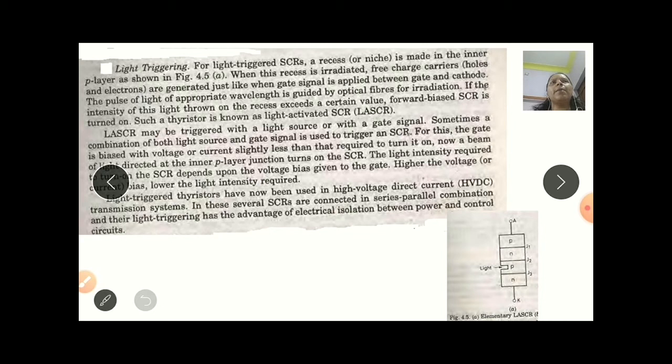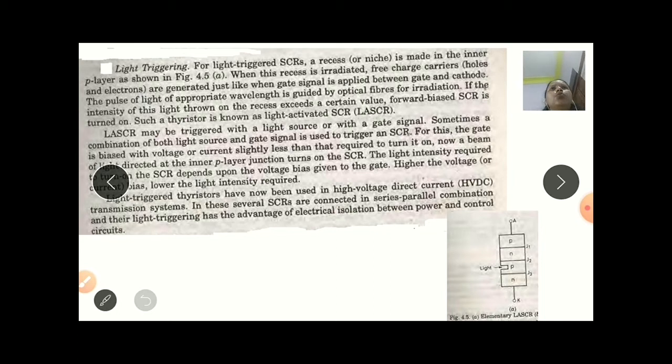Once we apply IG, the avalanche breakdown at junction J2 occurs at a much lower value than VBO. So thyristor turn-on depends on the magnitude of the gate current. In the light triggering method, if we make a recess or niche in the inner P layer near the gate terminal, then what happens?